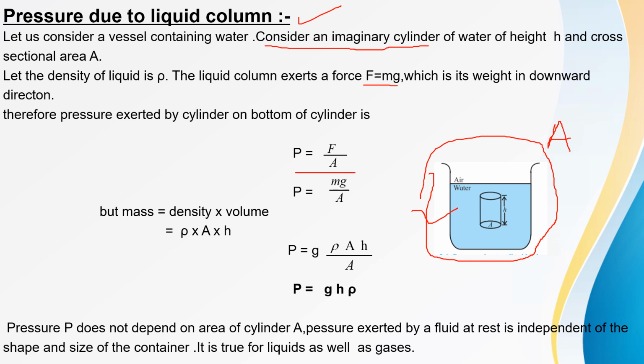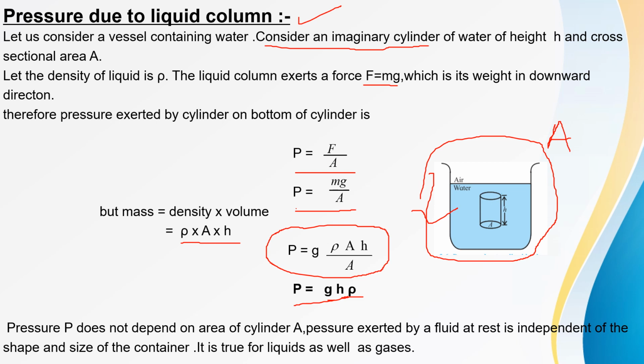Here the value of F is equal to mg, and therefore P = mg/A. Now here m is the mass of that cylinder, and it is equal to density times volume, where density is ρ, and Ah is the volume, where A is the area of cross section of the cylinder and h is its height. Substituting this value of m in the above formula, we get g ρ A h / A, where A and A get cancelled, and then we get P = hρg, where g is acceleration due to gravity, h is the height of the liquid column, and ρ is the density of the liquid.